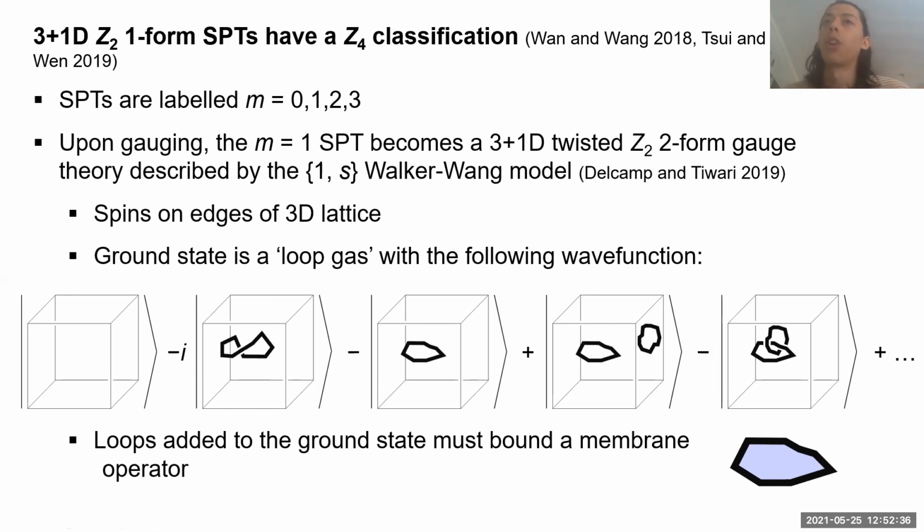It should really be regarded as a condensate of disk-like objects, so basically each disk is a loop that bounds a certain membrane. And what this membrane does is basically measure the flux of strings penetrating the surface.